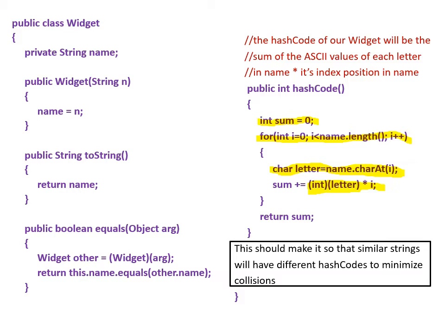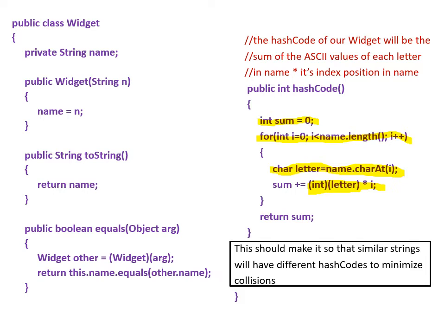So there is a very simple version of hash code. This one has a lot of weaknesses in that if I were to be storing widgets that only have 3-character names, the names will be exactly 3 characters, and we'll say, for argument's sake, that they're all uppercase characters, I'm going to end up with a pretty limited range of integers of all possible strings that I could be storing from widgets.